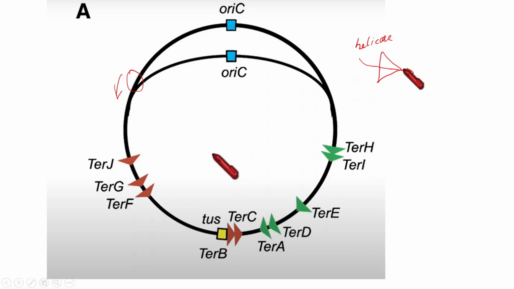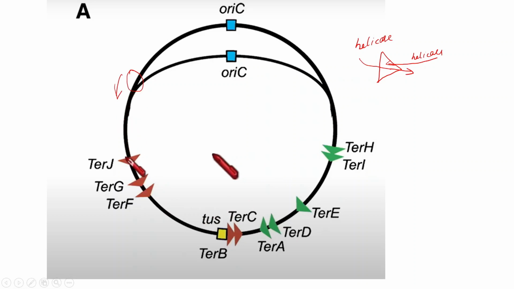And we need to understand that if a helicase that is moving in this direction reaches this pointed face, it will stop that helicase. It stalls that helicase. So that is going to happen here.